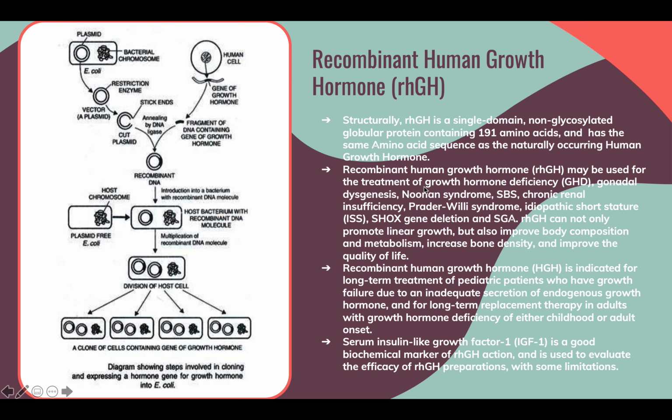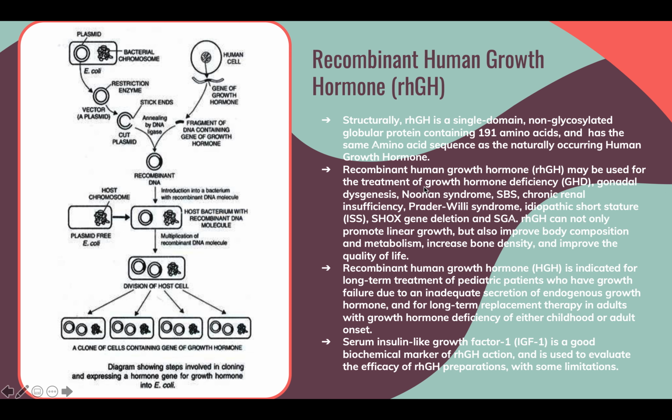So here is another reference slide to the previous presentation where I discussed the synthesis of recombinant human growth hormone, or rhGH. In this slide, I will briefly go over recombinant human growth hormone, because in the upcoming slides, I will be discussing the effects of human growth hormone therapy on glucose metabolism and insulin sensitivity.